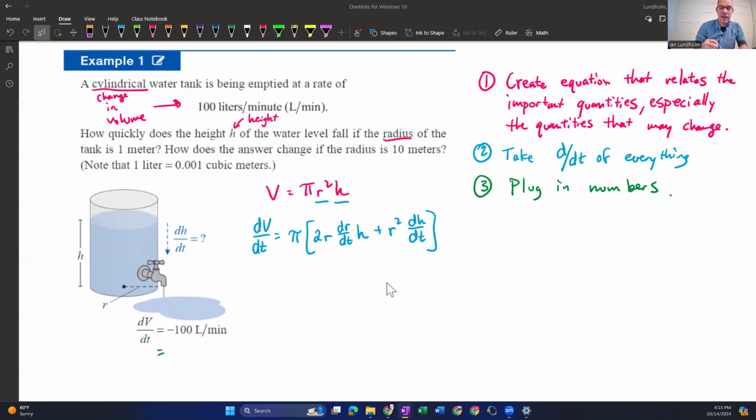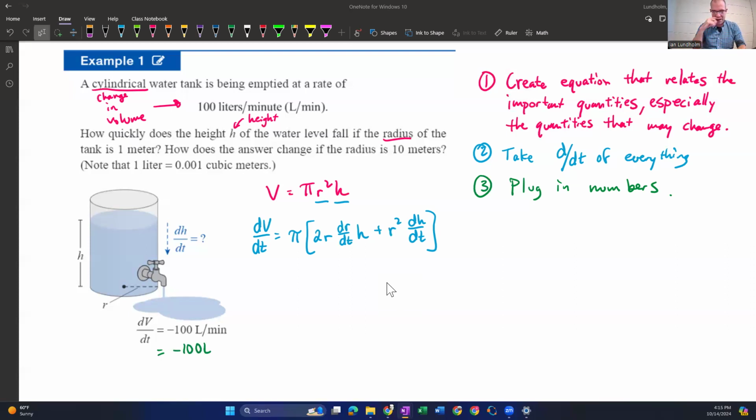If this is losing 100 liters, 1,000 liters would be losing 1 cubic meter. This works out to be losing 100 liters over 1,000 liters. Here, we'll do a conversion factor like we would do in chemistry.